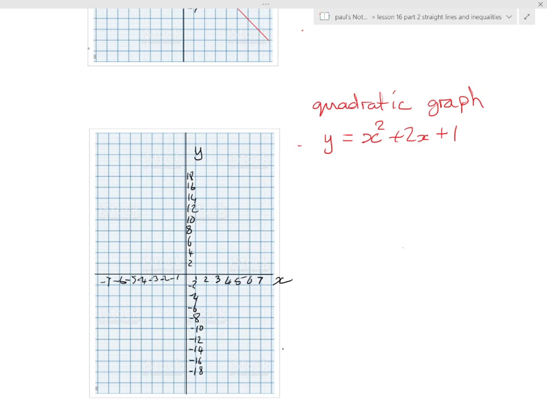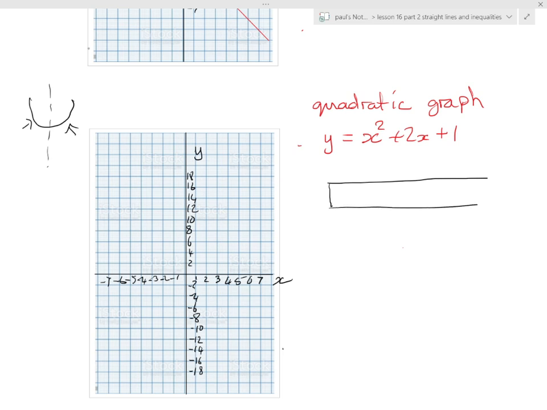Now, this time our table of 3 becomes a table of 7, because we've got to account for the negative side as well as this side.